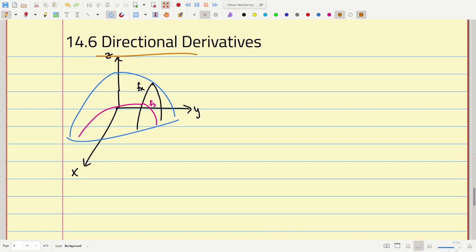So next section, we're going to explore this. We're going to clean up the issue of, is it okay for us just to use partial derivatives all the time? Or if it is, what other meaningful things can we say about different directions that we're traveling along the surface from the perspective of differentiation?